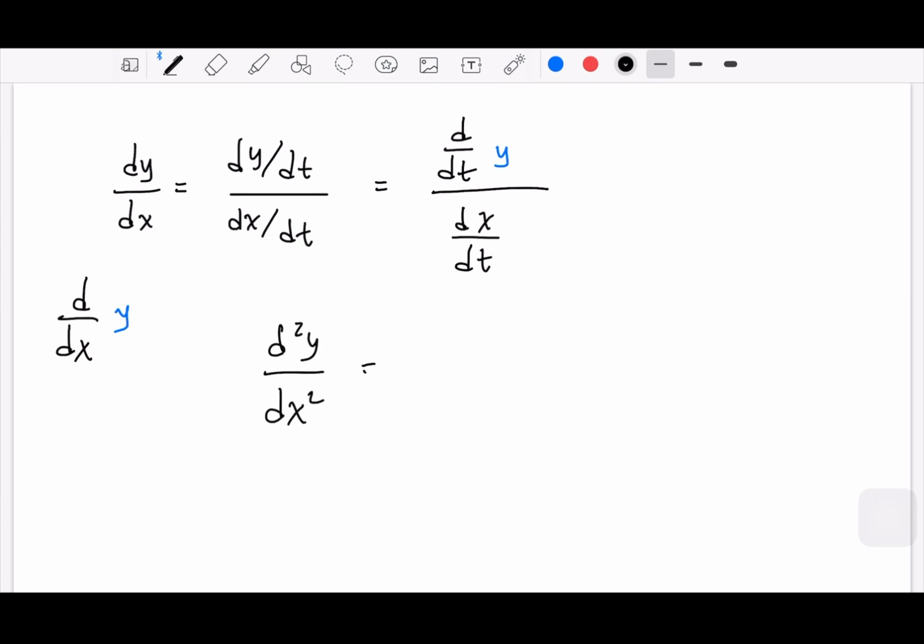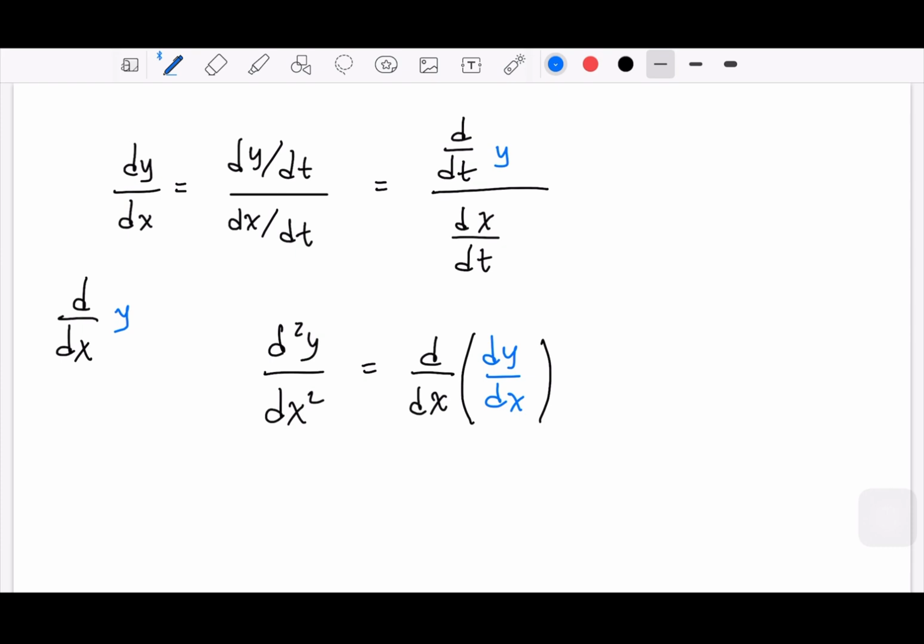We can say that the second derivative is basically the derivative of dy/dx, right? Nothing wrong with this. Now, in parametric, the steps on how to write down the second derivative is basically we start in a structure. We need to do the same process with this one.